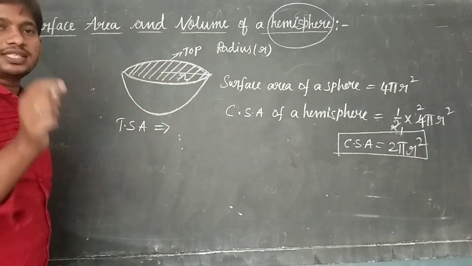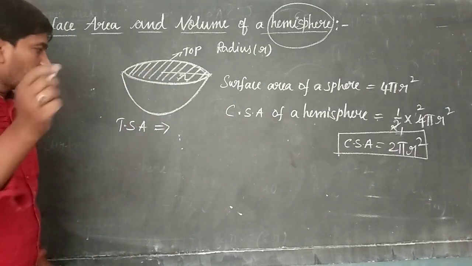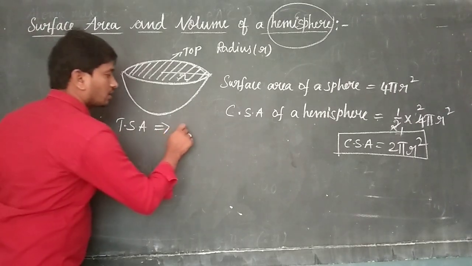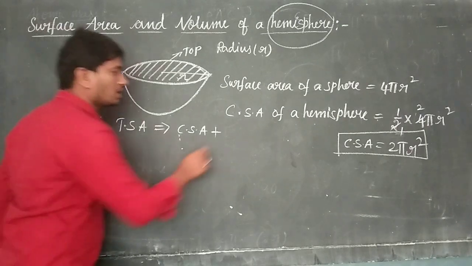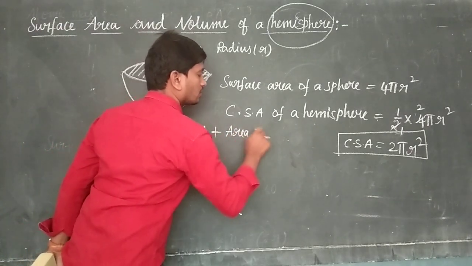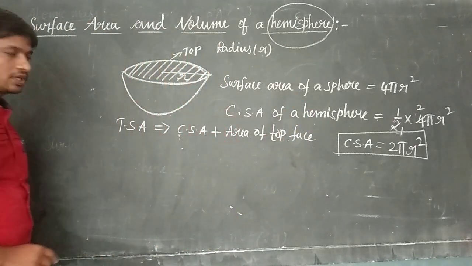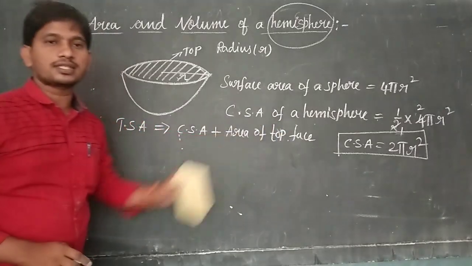Top face is in the shape of a circle. So as we know, the total surface area of a hemisphere is the curved surface area plus the area of the top face. TSA equals CSA plus the area of its top face.